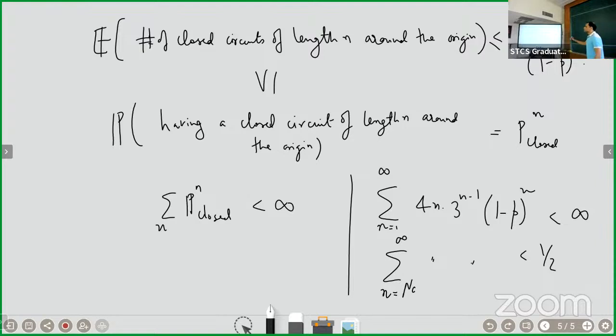And always remember P is greater than two-thirds, because otherwise this itself doesn't make any sense. What all I'm saying is that when P is greater than two-thirds, the probability of having a closed circuit of length more than NC is smaller than half.